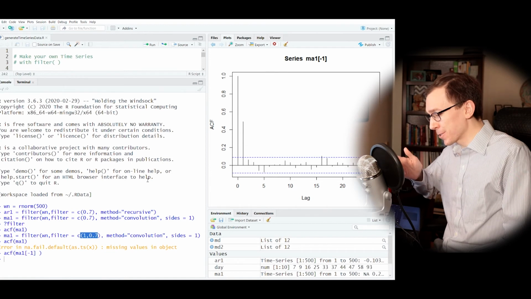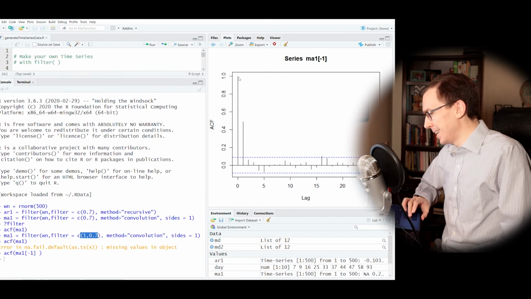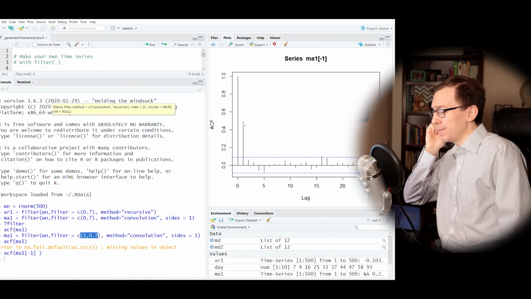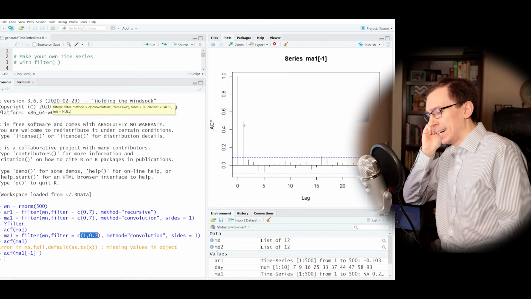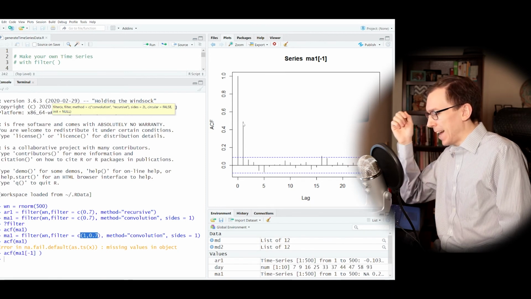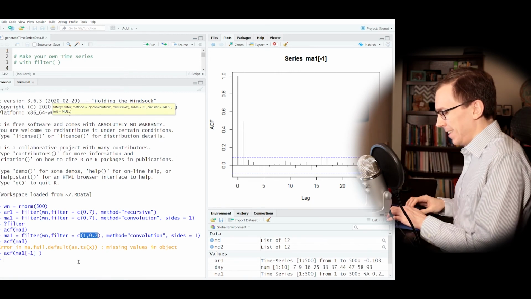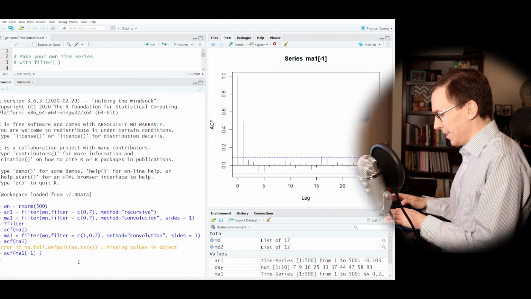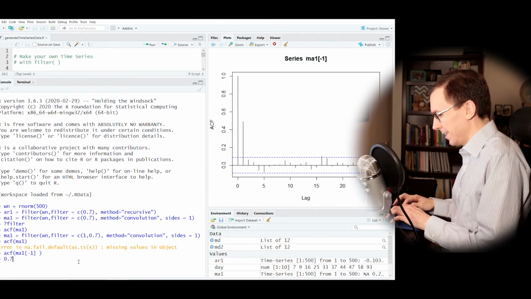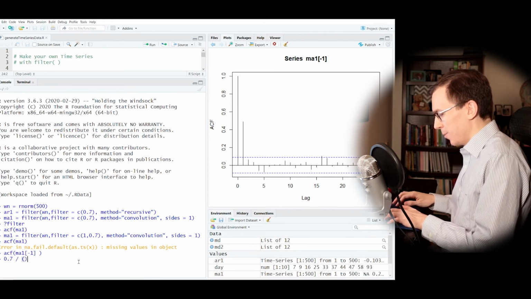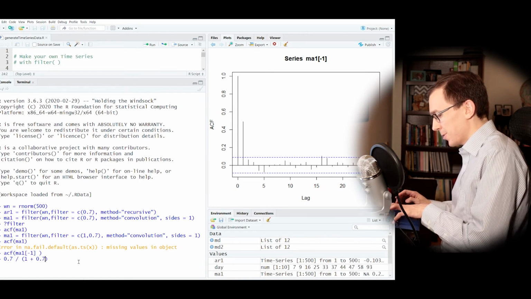And we already got our first result, which is, well, look at that. Of course, we have an autocorrelation of 1 at lag 0, but we have something that's about 0.5 or so for lag 1. Now, if I recall off the top of my head, I think it should be something like theta divided by 1 plus theta squared.